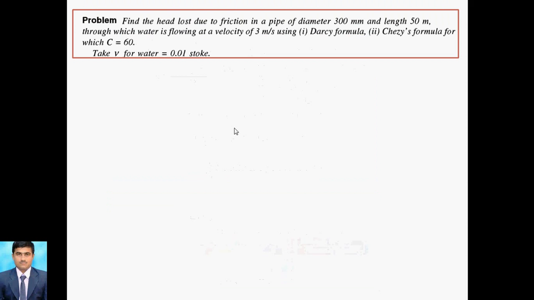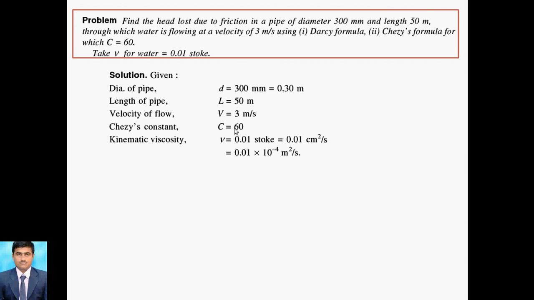Now we will discuss a problem. The first problem is: find the head lost due to friction in a pipe of diameter 300 mm and length 50 meters. So d is equal to 300 mm, convert this to meter. Length is 50 meter. We take as it is, 3 meter per second velocity is there. Then C, that is Chezy's constant, is equal to 60.